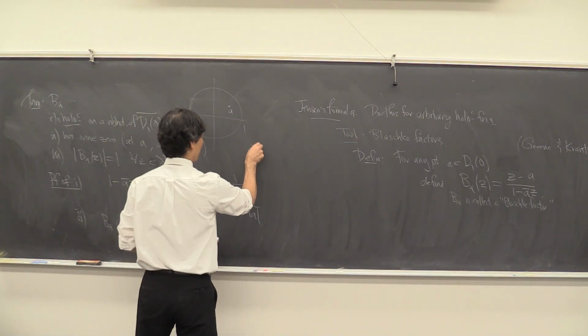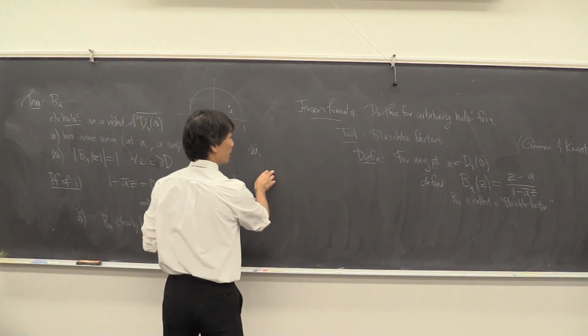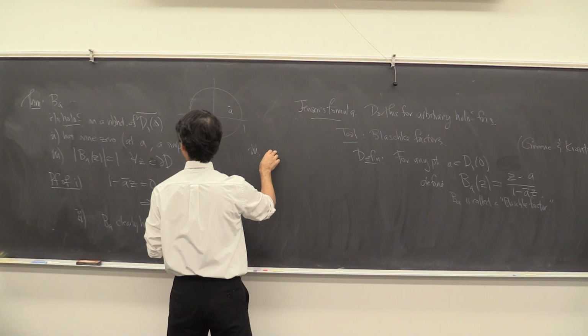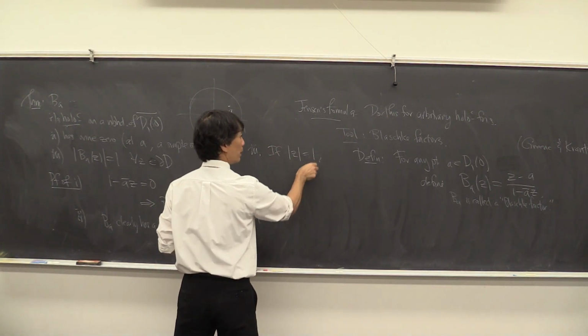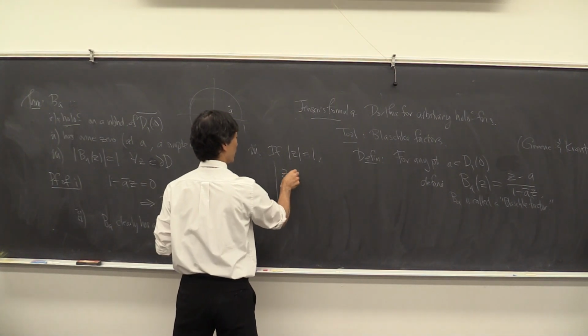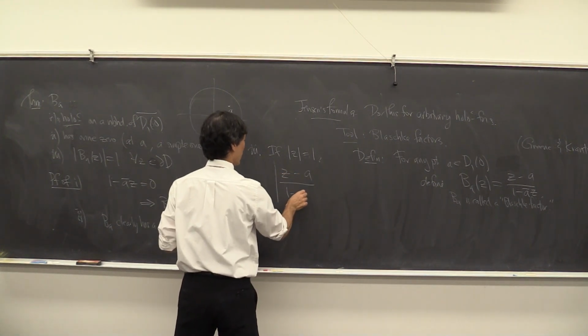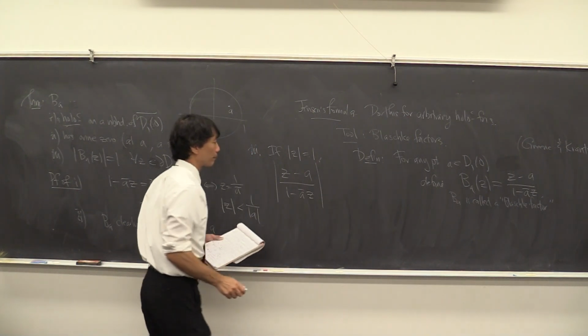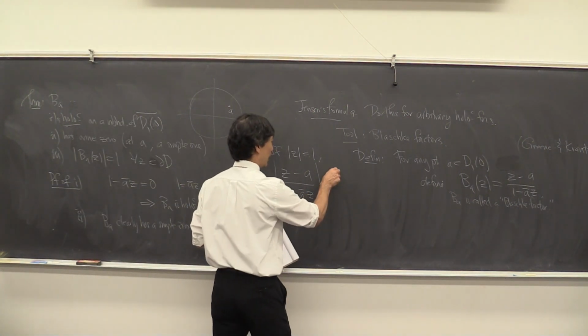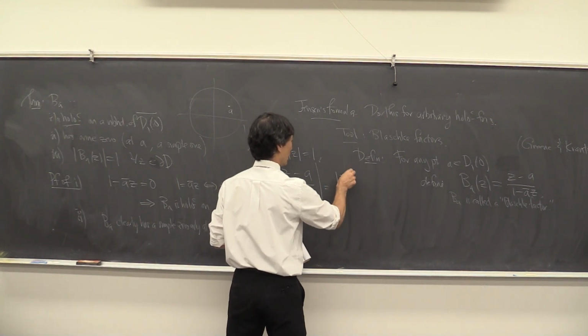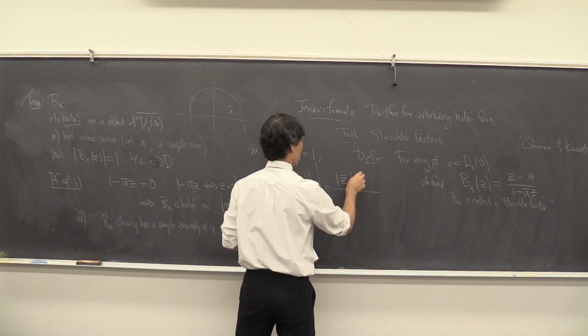And then part 3: if the absolute value of z is 1, then you can multiply by z bar, which is 1.